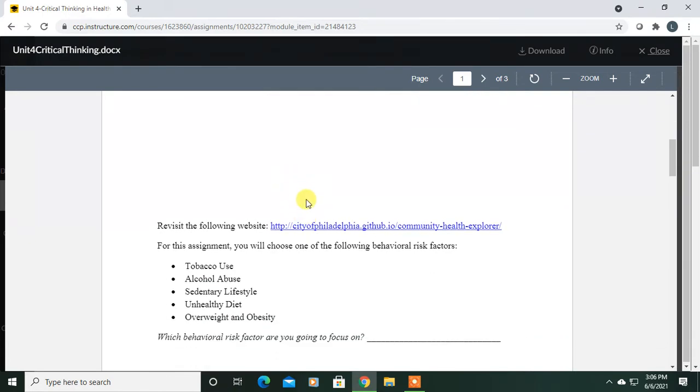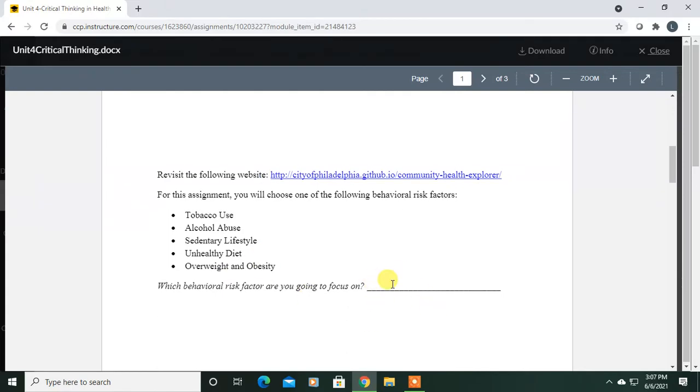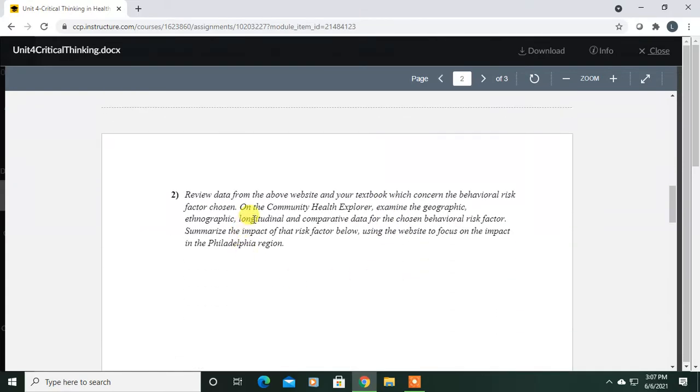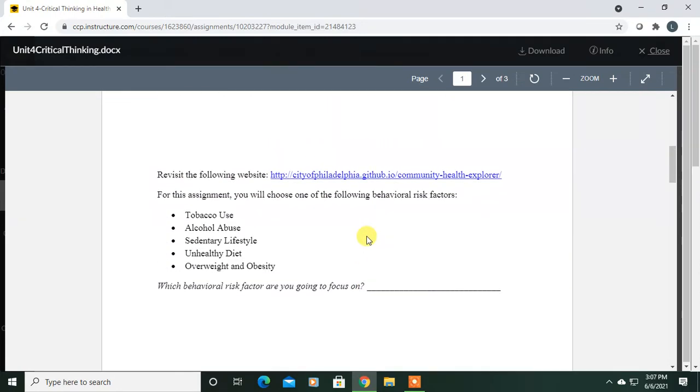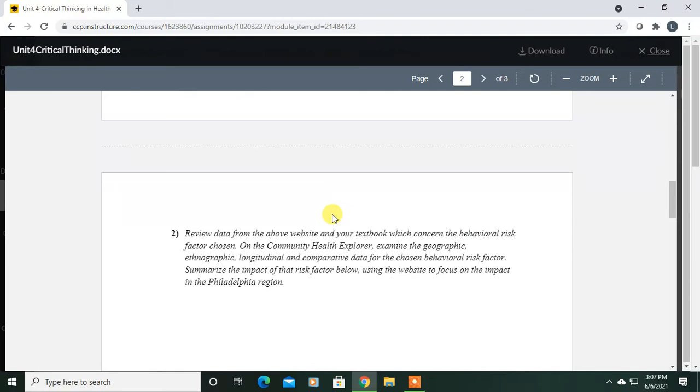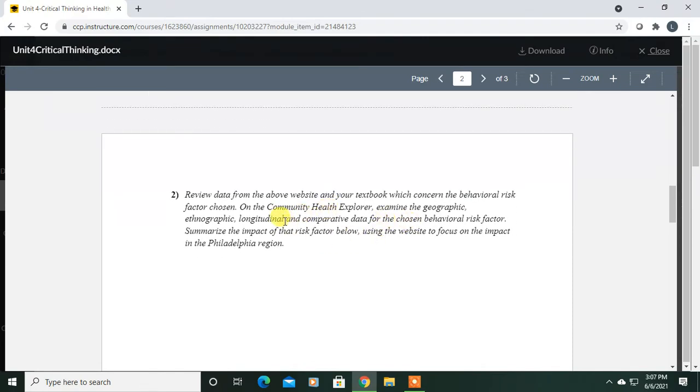Then you're going to dig in once again to some data and information. You'll choose one of these behavioral risk factors and tell me which one you've chosen. And then you're going to review the data that comes out of the Community Health Explorer, your textbook, and other reliable sources. In the space below, you're going to summarize the impact of that risk factor, focusing on the Philadelphia region.